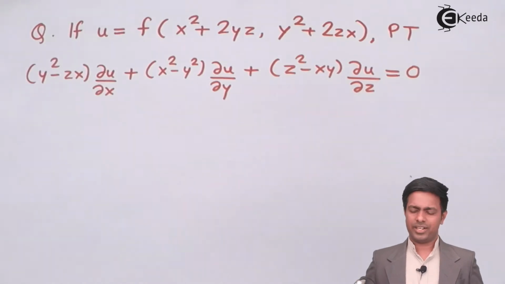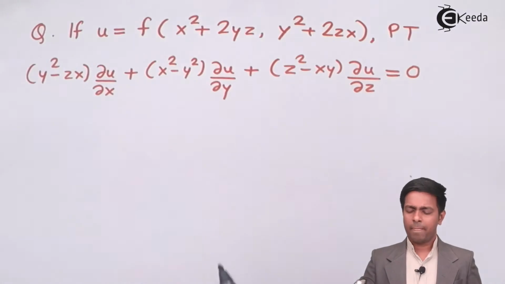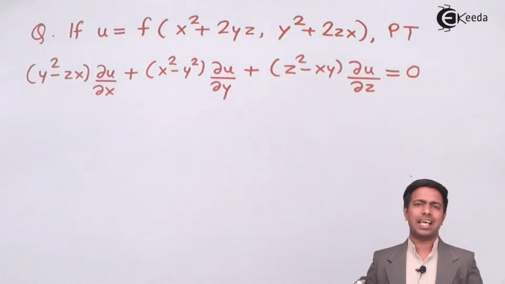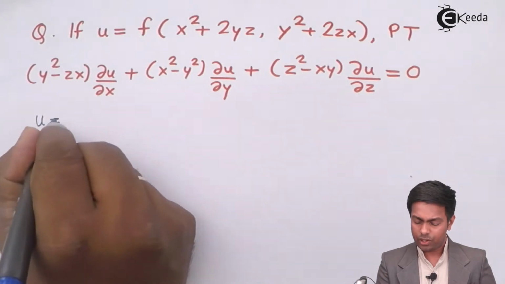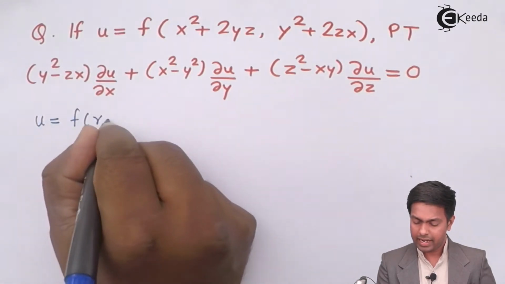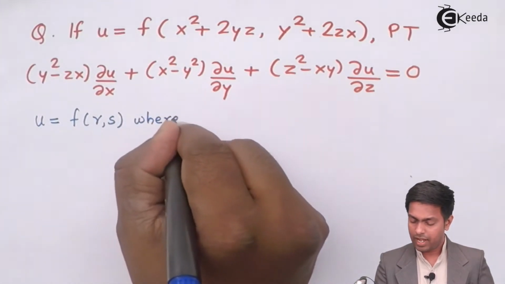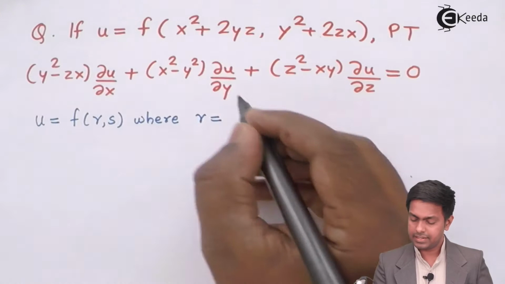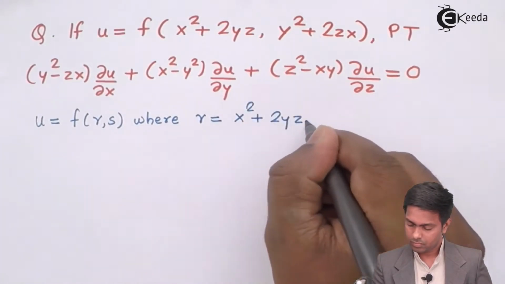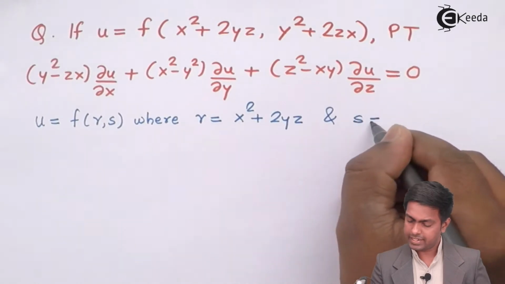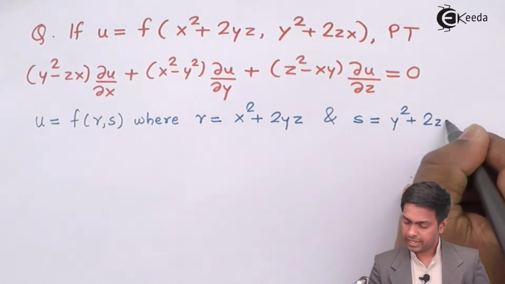So what I'm doing here is I'm assuming x square plus 2yz as r and y square plus 2zx as s. So this question will become u is equal to function of r and s, where the value of r is this and the value of s is y square plus 2zx.